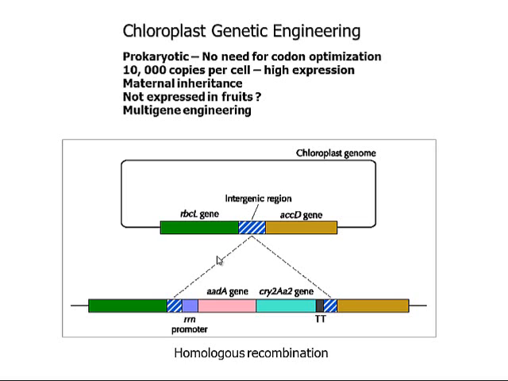Some of these promoters are very highly expressed in green tissues, but they may not be expressed well in non-green tissues. So you have to look at where you want this gene to actually be expressed. So there's a question mark there, not expressed in fruits. Some of these genes may not be expressed in, for example, etioplasts, which are not green, or in amyloplasts, which are not green.